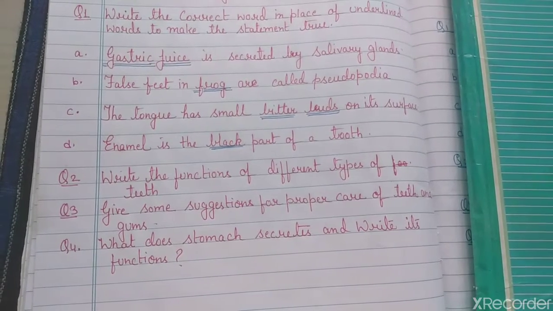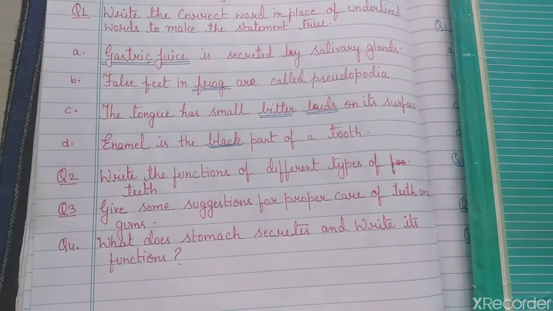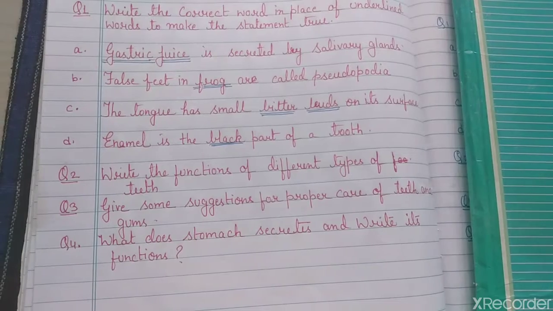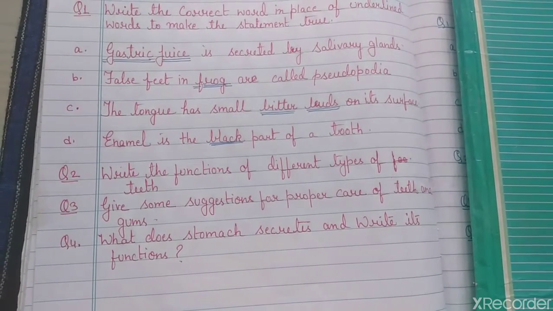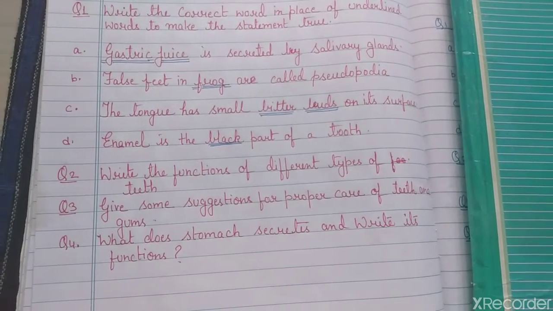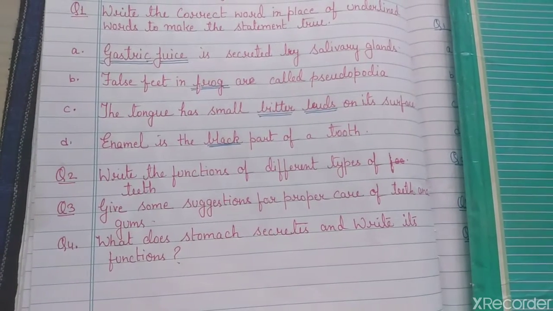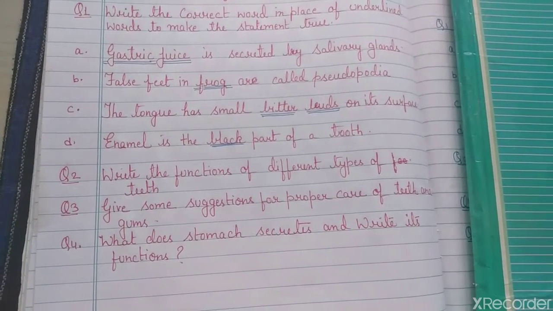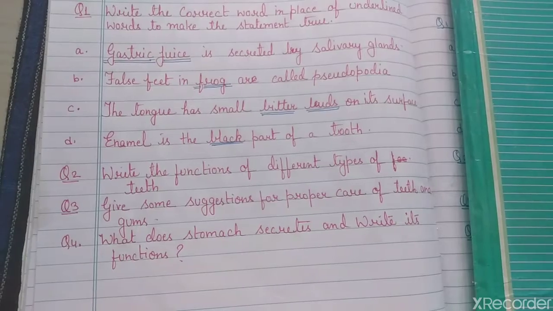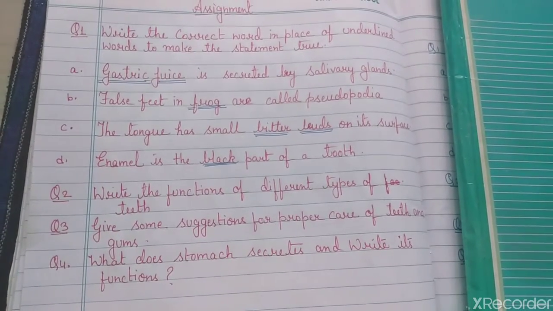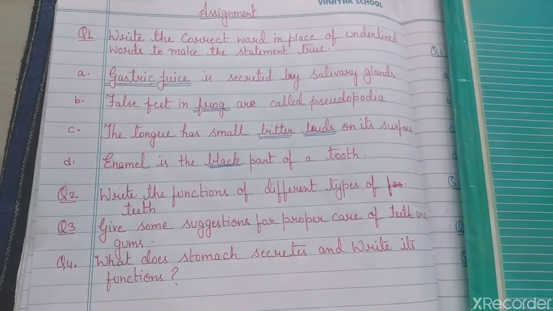And what does the stomach secrete, and write its functions. There are two types of juices secreted by the stomach, and you can write what their functions are in the digestion of human beings. These are the questions based on today's lecture.